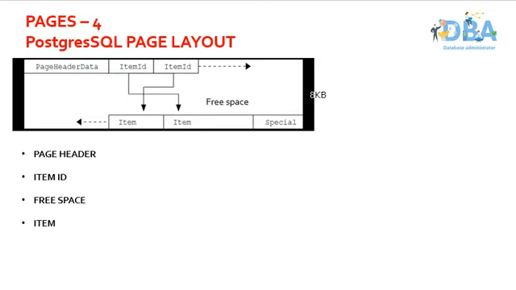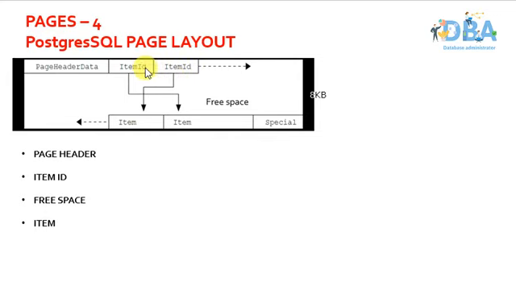Then the next component is the row itself, or tuple, or you can call it an item.